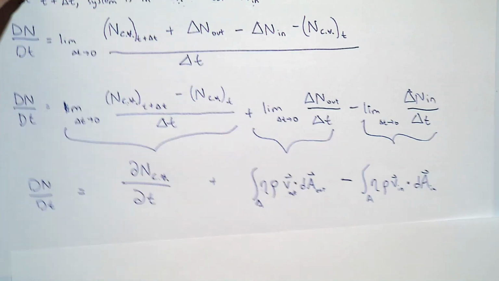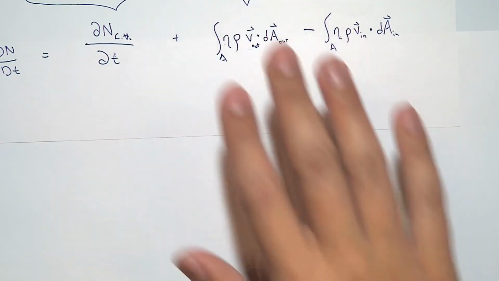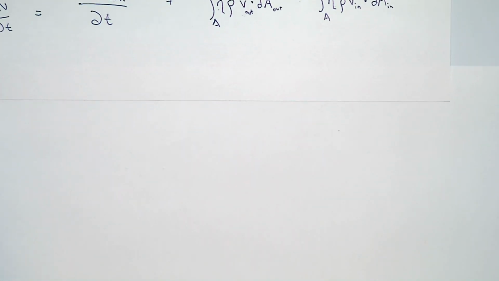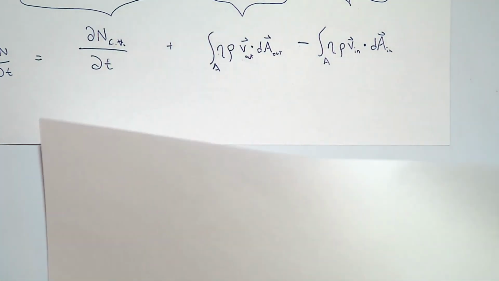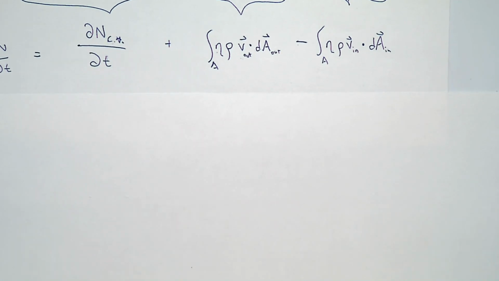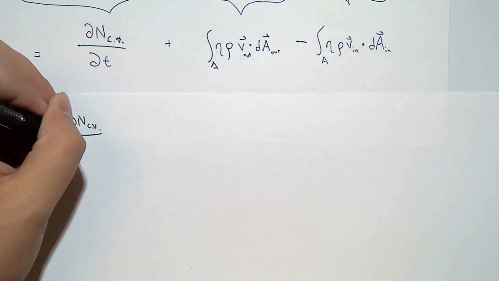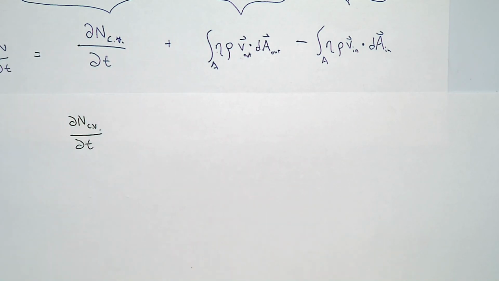And now I can express this equation in its final form. The partial change of my extensive property with respect to time can be expressed in integral form. How?